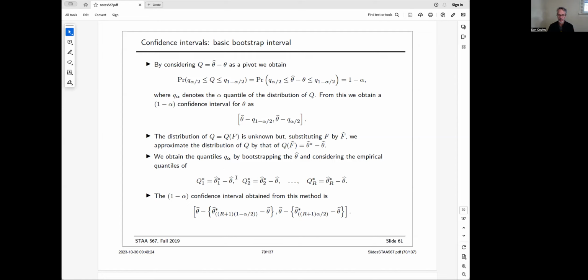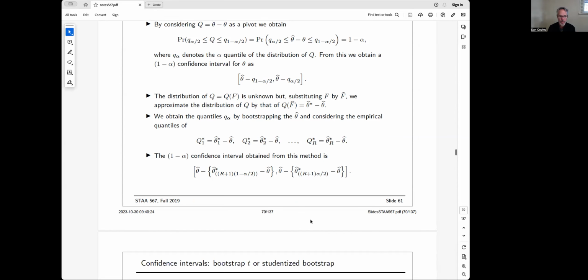We created a distribution of that, so that was our centered distribution. We took the 0.975 quantile, that appeared in our lower bound. We took the 0.025 quantile, that appeared in our upper bound, and that gave us our confidence interval.